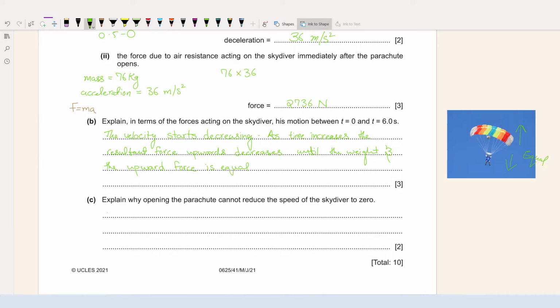So, we can write here when the parachute is opened, the weight is acting downwards while the forces are balanced. The forces are balanced.